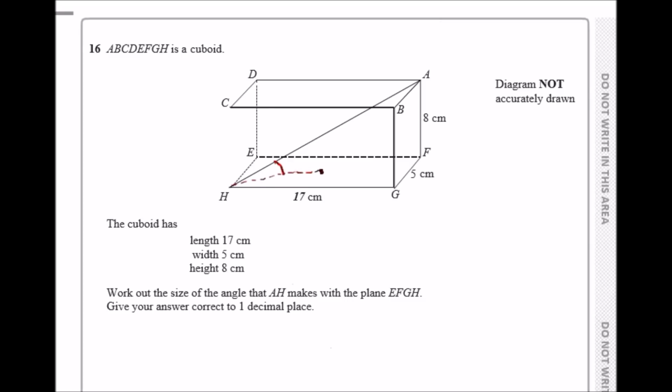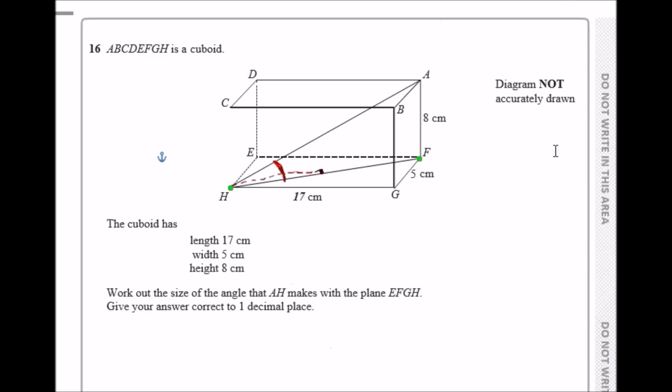There you go. We could extend the line and say the plane connects with H, so we need to pick another letter. Let's say F. So this is the plane, because when you're running through H to F, you're on the ground. So this is the angle on the ground.